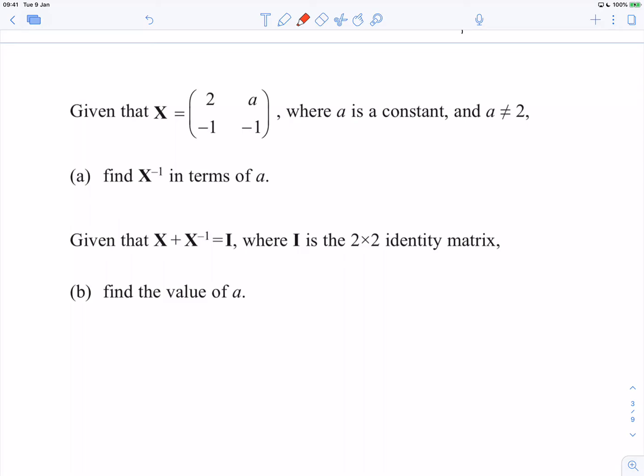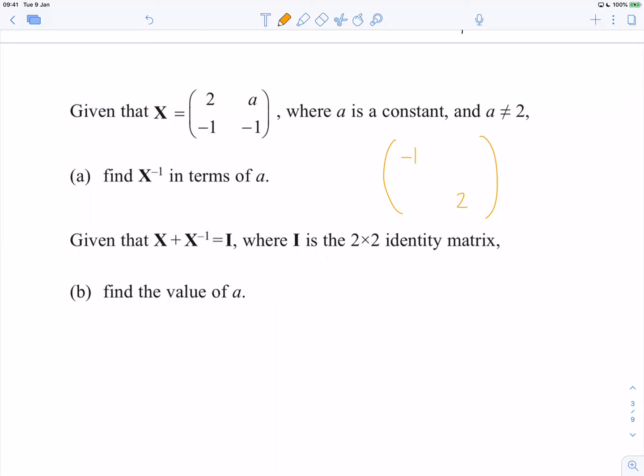Okay, given that x equals that matrix where a is a constant and a does not equal 2, because if it was, then it would be singular, then find the inverse of x in terms of a. Okay, so the inverse of x is just where you have the matrix, you switch the top left and bottom right diagonals, so it's minus 1 and 2.